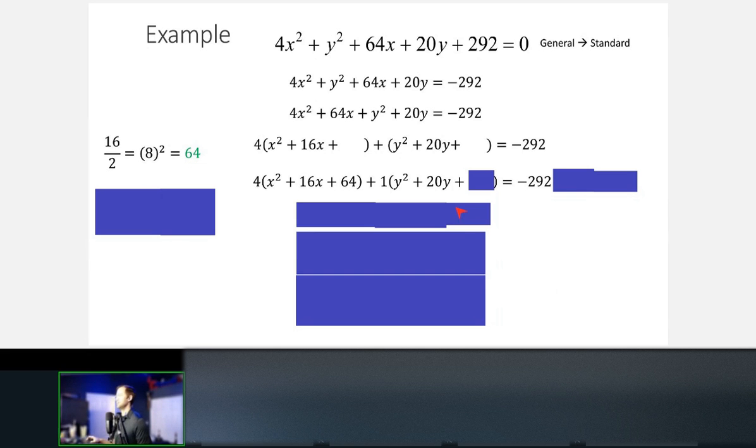Ooh, I see a lot of you are seeing that, right? You're seeing we are really not adding 64. We are adding whatever 4 times 64 is. Yeah, a little tricky, right? 4 times 64. And what is 4 times 64? 256. So we're really adding 256 to both sides. Ooh.